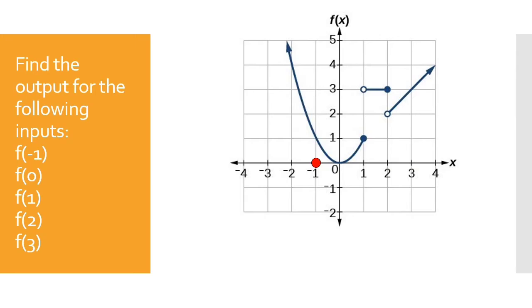So that's where we are. We're going to go either up or down to touch the graph. In this case, we're going to go up to touch the graph. And then we're going to look at the corresponding y value. This gives us an output of 1.